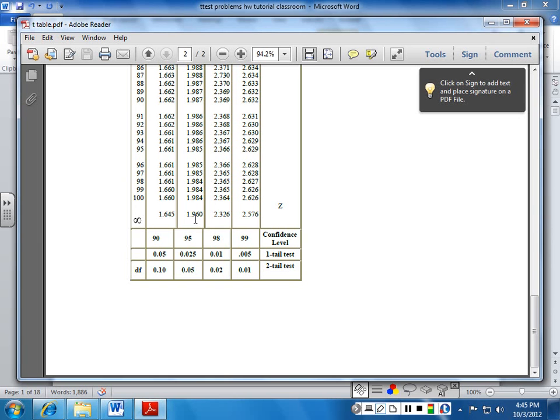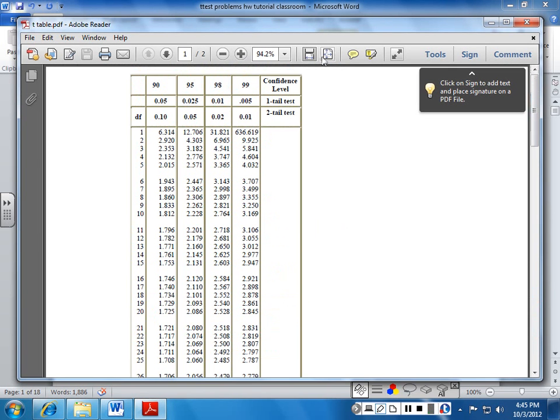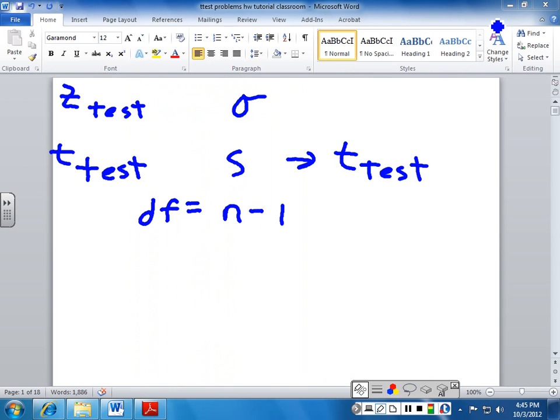They're the same numbers we used last week. So when you have a sample standard deviation, use the t-table and correct for degrees of freedom. That really, in a nutshell, is the only difference between the z-test and the t-test and the z-test problems we were working last week.